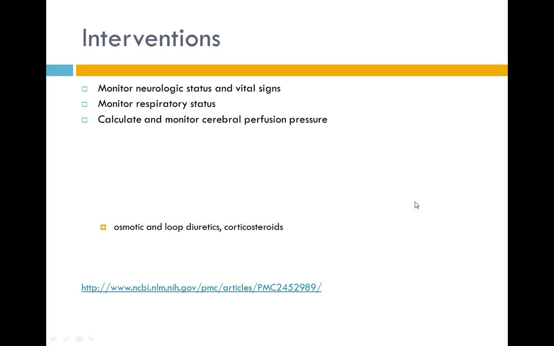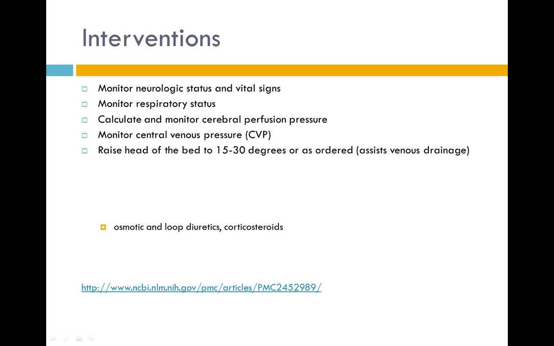And also increase the head of the bed by 15 to 30 degrees, or as ordered, to facilitate cerebral venous drainage. Again, it depends on what the physician orders, but the head of the bed usually facilitates venous drainage. Assess for bladder distension and bowel constipation, as this can increase intracranial pressure.